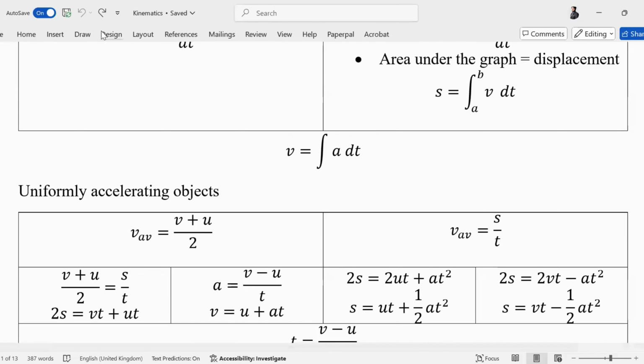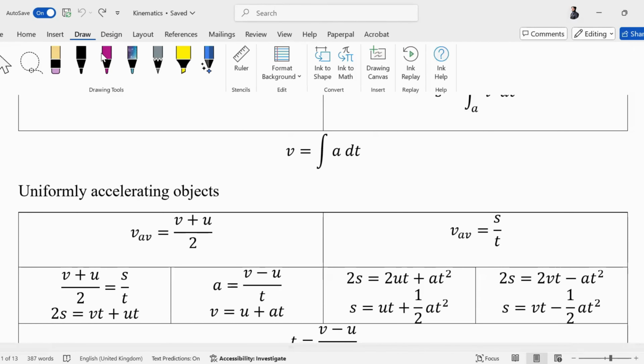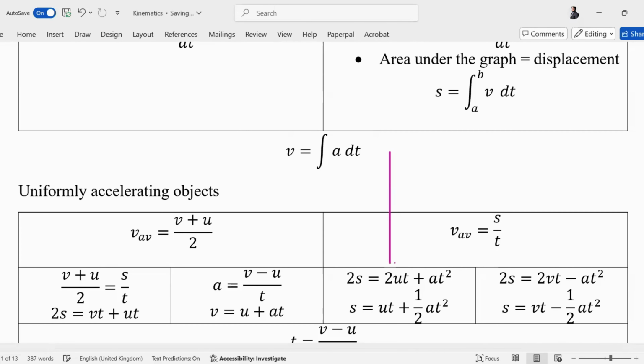Okay, for a uniformly accelerating object, if I draw a velocity time graph, this is how it will always be, a straight line.